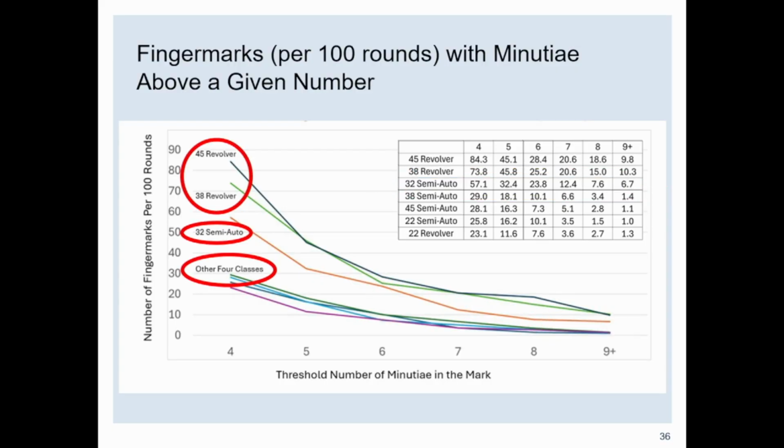For the different categories of ammunition and handgun type, they break into these 3 general groups. The 35 semi-autos that I talked about are in the middle. 45 and 38 revolvers have pretty higher concentrations across the board, and the rest of them group along the bottom.